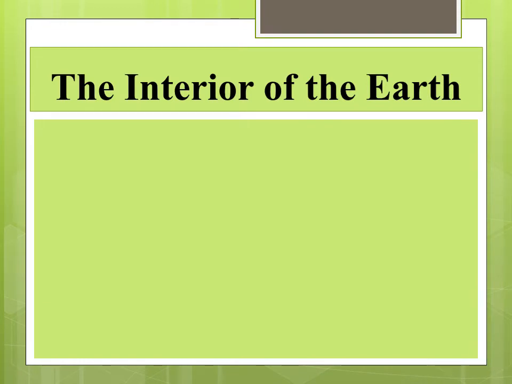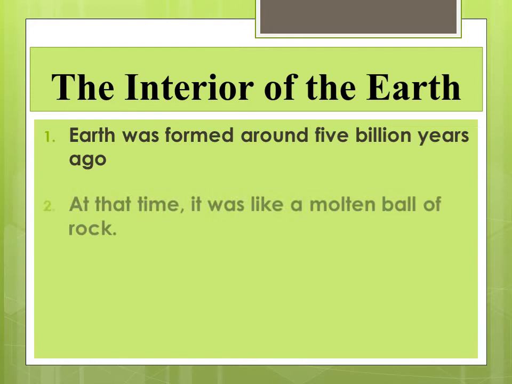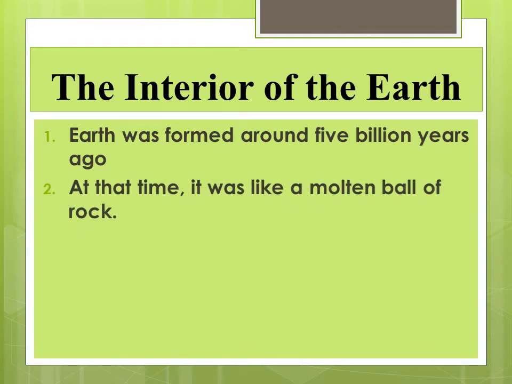Children, do you know when the earth was formed? What was it like? Was it like you see today? Earth was formed around 5 billion years ago. At that time, it was like a molten ball of rock. Molten means liquid ball of rock.